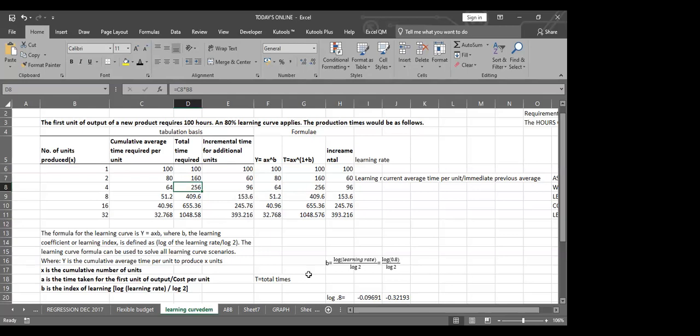Any other question before I go to the past paper? Remember, there are other units inside here. For example, you have to be very careful about the language used when you are using this learning curve. If they say what is the cost of the third unit, it means it is not total.